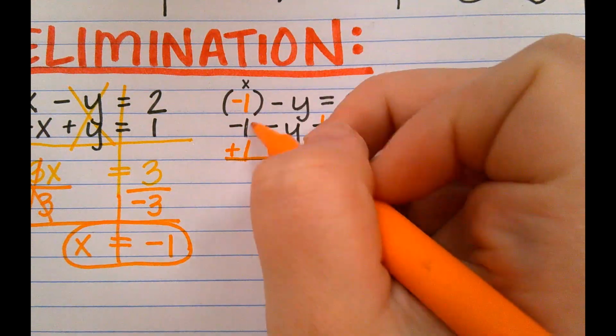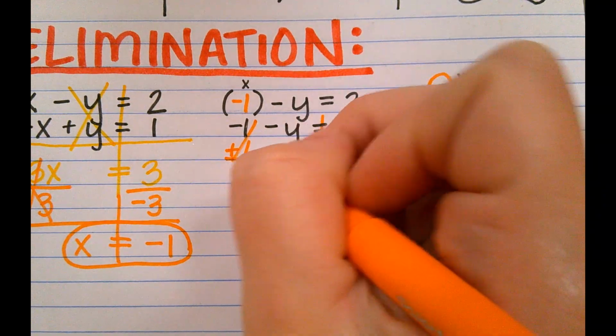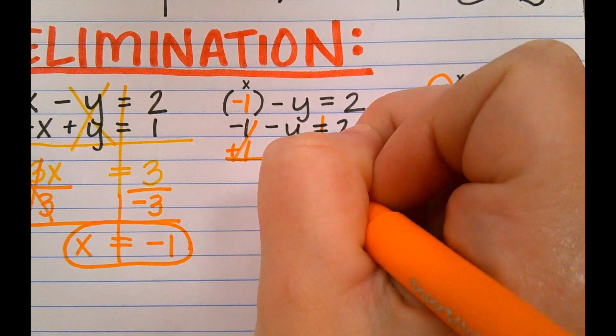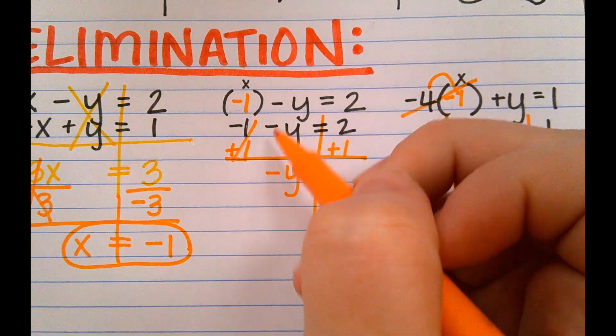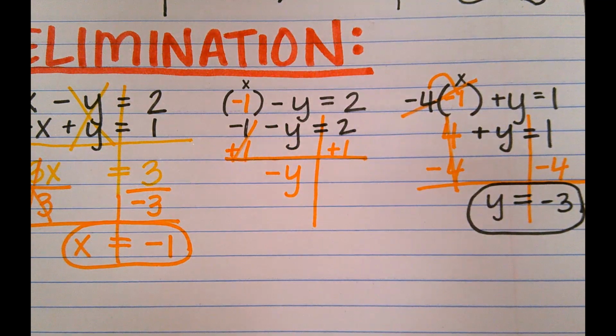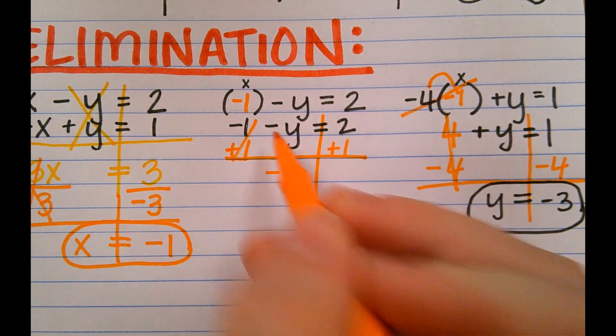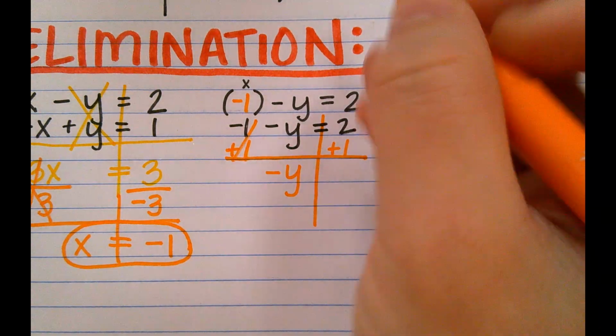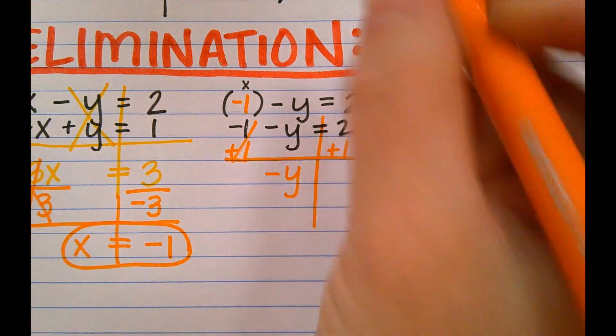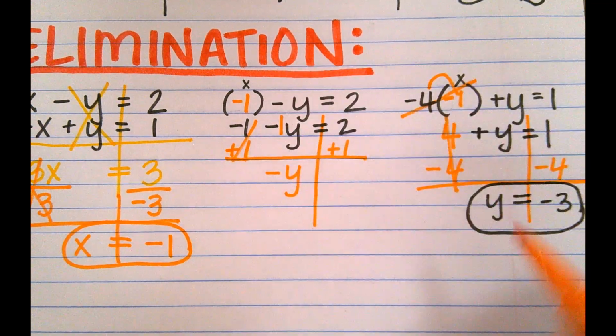My 1's cancel. Now I have -y. Don't lose that minus. It's minus y. Sometimes I like to put a 1 in. That's smart. If you're worried that you'll lose that minus, sometimes seeing a number helps. Remember, if there's no number in front of your variable, that number is 1.